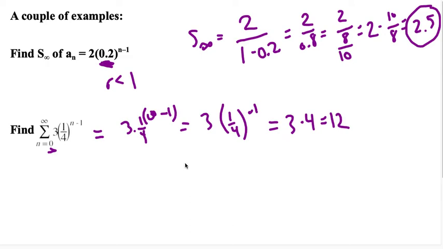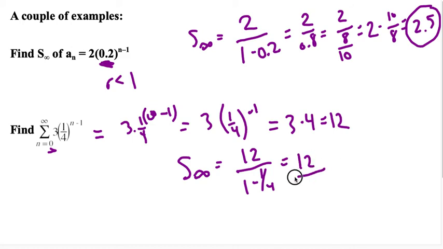So our first term, remember S of infinity, when we're talking about this, the a sub 1 may not be a sub 1, in this case it's a sub 0, but that is that first term, which is in this case 12, divided by 1 minus 1/4. That's right, boys and girls, fractions, which of course, as we know, are our friends. This is 3/4.